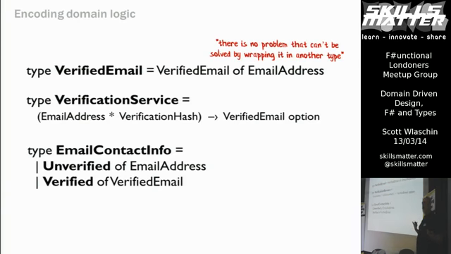I don't need permission. I can just say, yeah, this is an unverified email address, no problem. But I can't make it a verified email address, because the only one who can create that is the verification service. So by doing this, I've made it type safe, I've made it secure, and I've encoded the business rules into the actual object itself.